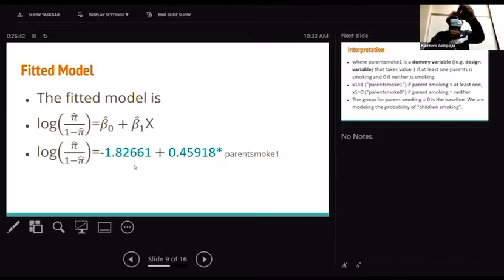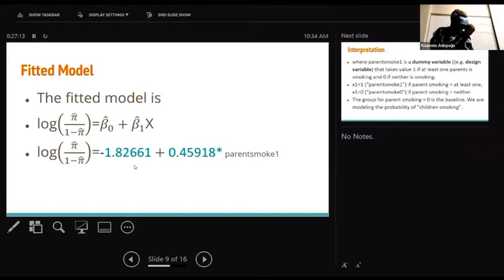If I ask you, what is the probability that the student will smoke? If I say, determine the probability that the student smokes when the parents smoke, what are you going to do? You're going to plug in 1 where you see the parent smoke. Then you determine the probability that students smoke if the parents smoke.